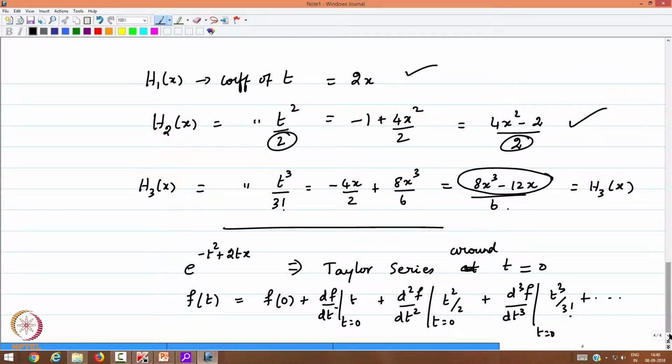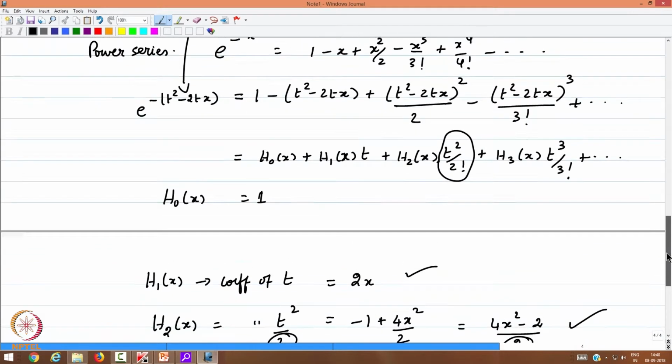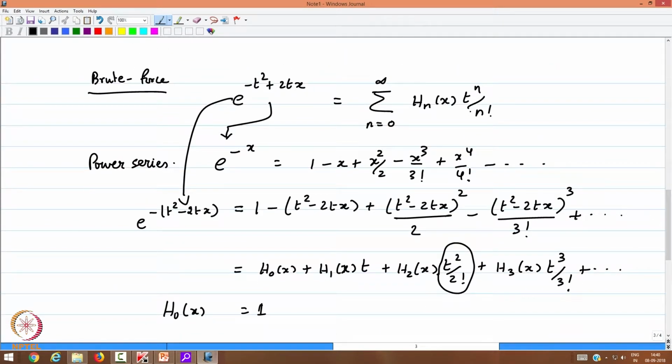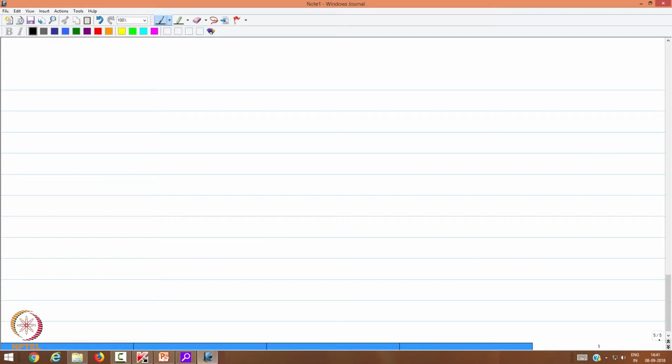And now if you think of the exponential of minus t square plus 2tx as a function of t, then when you put t is equal to 0, what is left over is a function of x, and that function of x is essentially the hn of x here. So this is essentially a Taylor series where hn of x is the nth order derivative with respect to t of this function evaluated at t is equal to 0. So then it is easy for you to get exactly the same result, namely e to the minus t square plus 2tx.